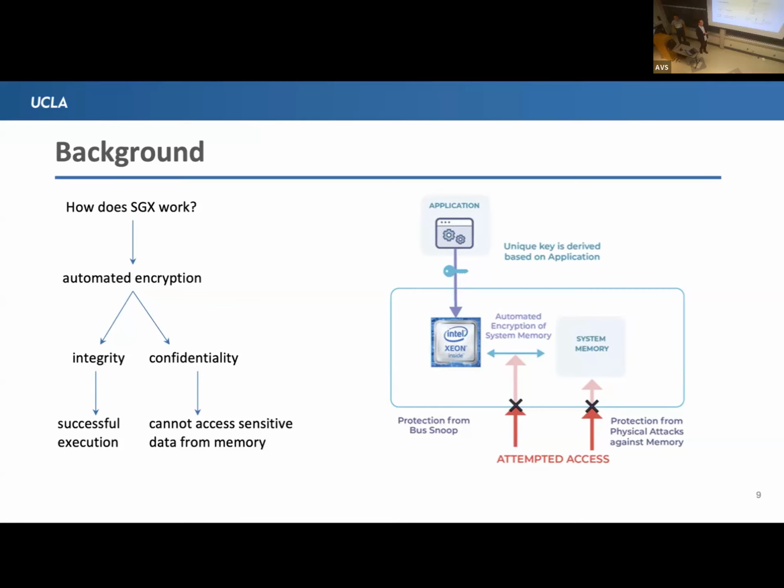During the execution, at every step it just loads the encrypted data and code onto the processor, and uses the key stored in the processor register to decrypt the data and code and execute. Because no key or decrypted data or code is stored in memory, nobody can access the sensitive data from the memory.